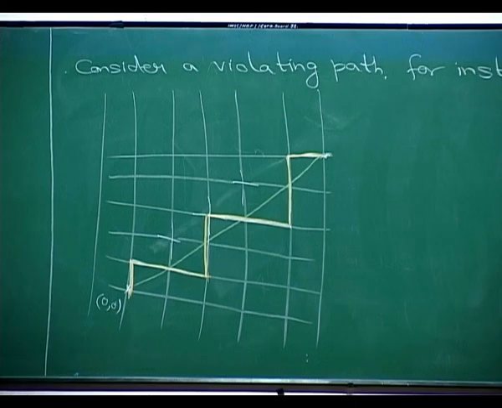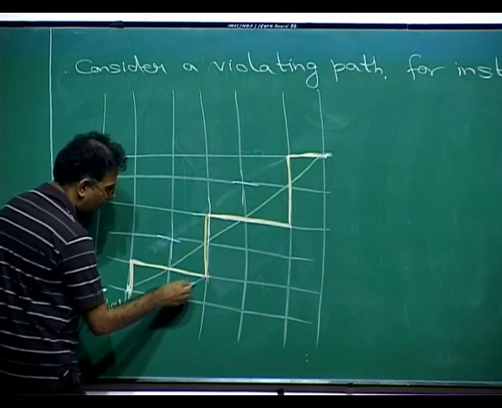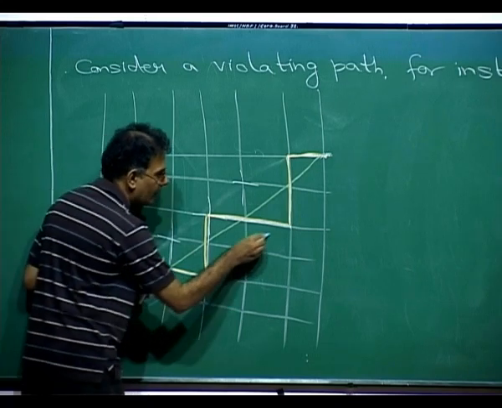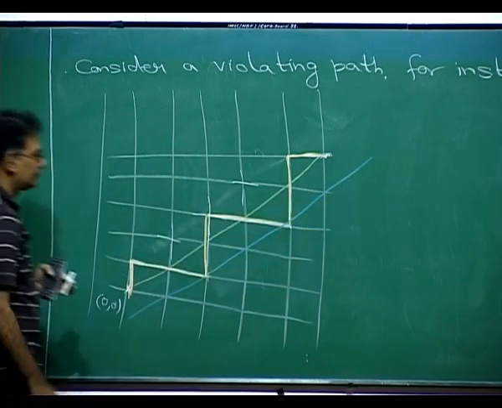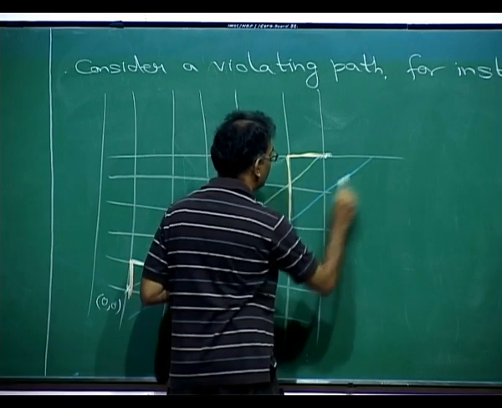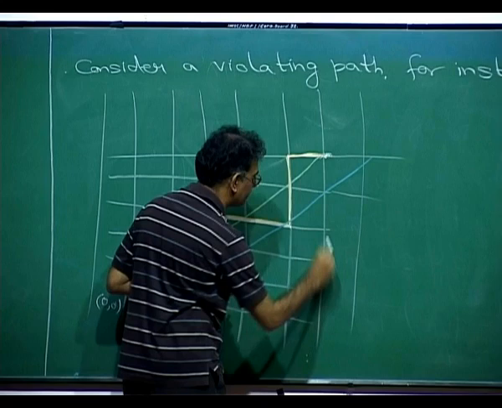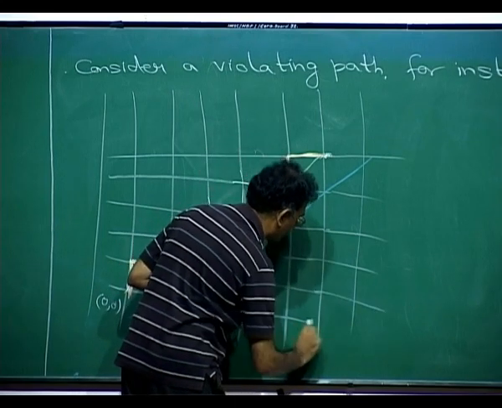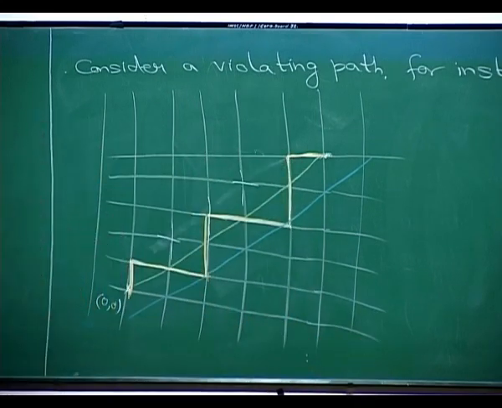And there I draw a line which is parallel to the y equals x line. So I draw this line. Then I reflect the rest of the path around this line. So let me draw this fully because I need it. The reflection of the path I will draw maybe in one more color.